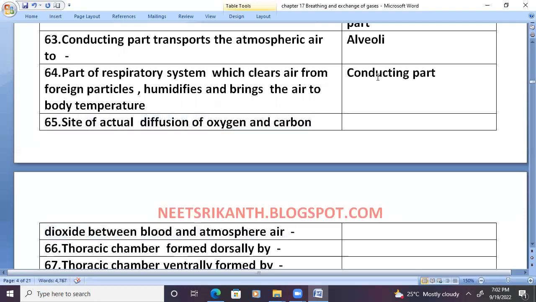The site of actual diffusion of oxygen and carbon dioxide between the blood and atmospheric air is the exchange part.